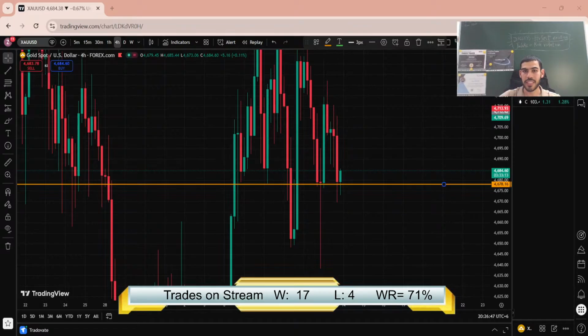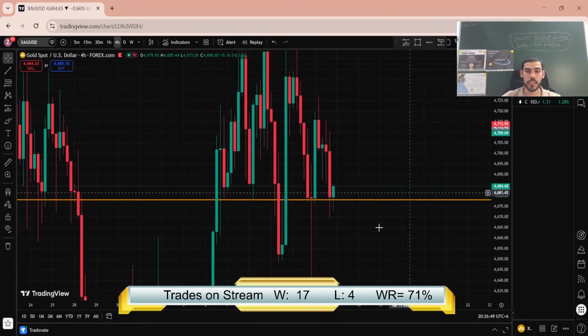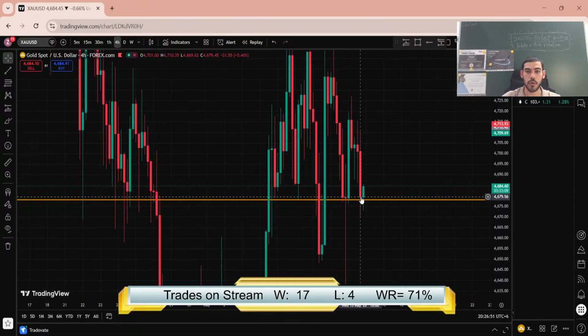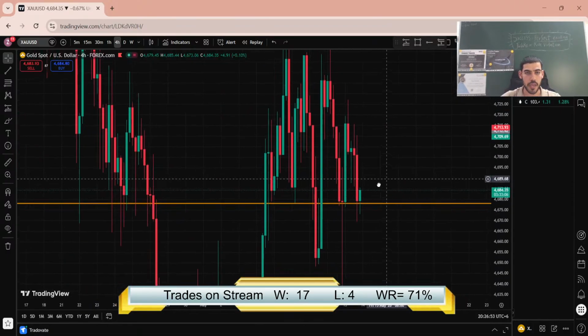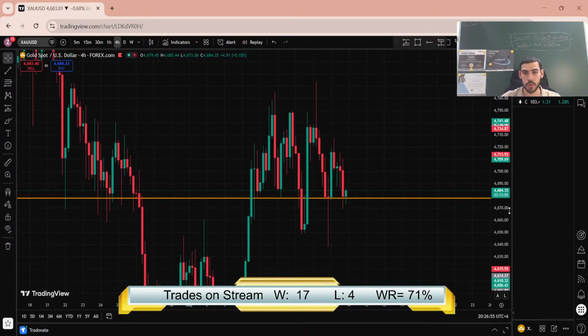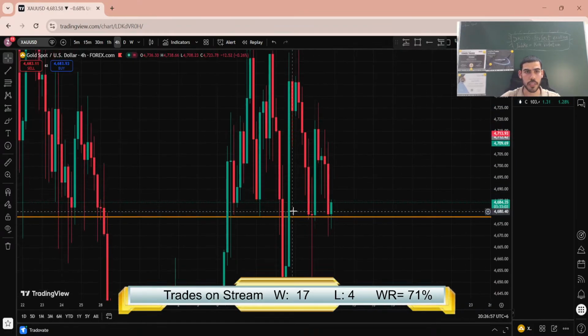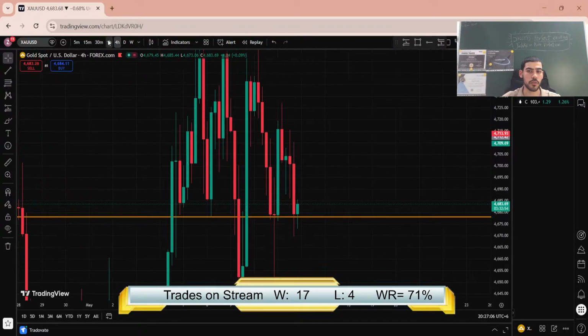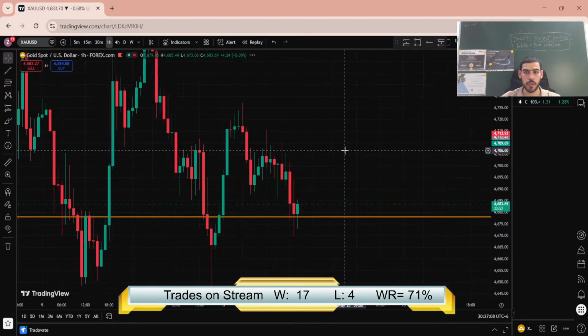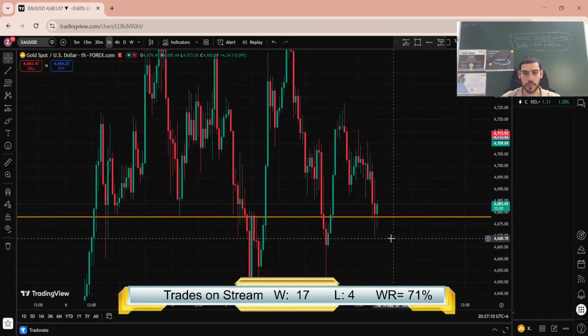So there is a very high probability that price will create support here on the 30-minute time frame, and it will keep moving bullish because we have already tapped the target on the 4-hour. There is a high probability that price will continue moving bullish for the rest of the session.